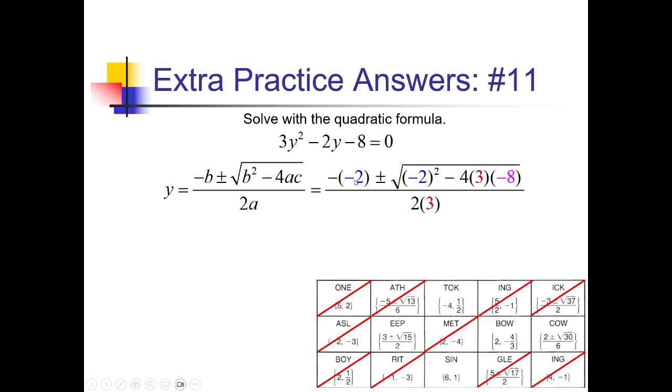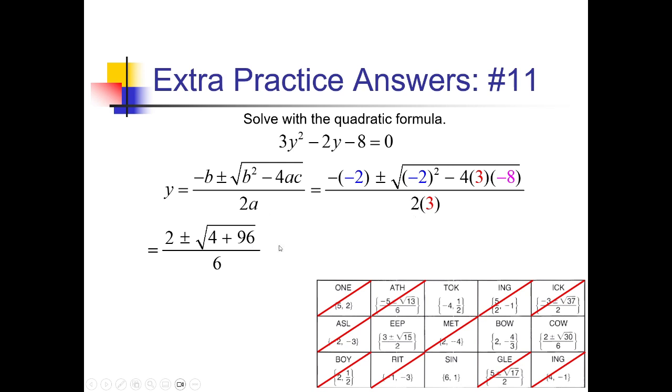So that's negative 2, which is 2, plus or minus square root of 4, and then negative 4 times 3 is negative 12. Negative 12 times negative 8 is, I'm not really sure, so let me multiply these in a different order. Negative 4 times negative 8 is 32. 32 times 3, I can do that one in my head. That's 96. So we have a plus 96, all over 6.